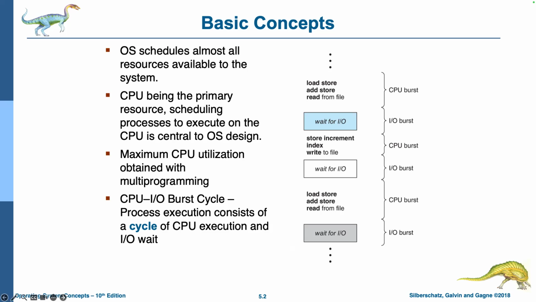So the next CPU burst, the CPU is busy, and then it's waiting for I/O. Doing some calculation, writing to file. Doing some calculation, writing to file. The CPU is always waiting. So the scheduler means during this period, we can load in other tasks.